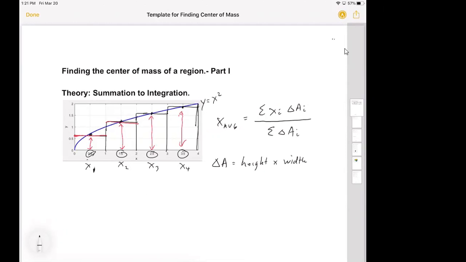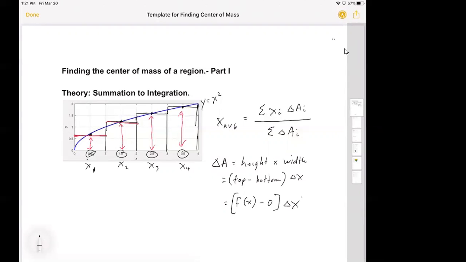In order to get the height, since it's a vertically aligned region, we will want to take the top minus the bottom of the region, and we'll multiply that times the width. In this case, the top of the region we'll just generically say is f of x, and the bottom of the region is at 0. So that's my height times delta x.